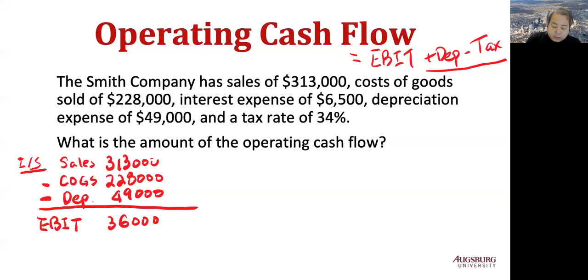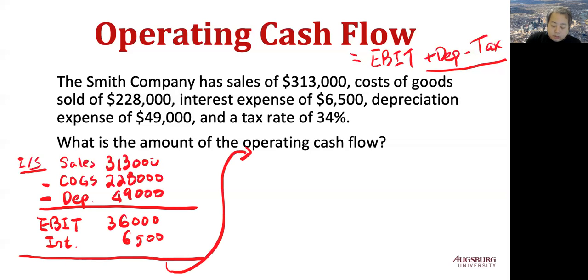We know interest expense is 6,500. Okay. So taxable income, which is the income that you pay tax, is 29,500. Right?